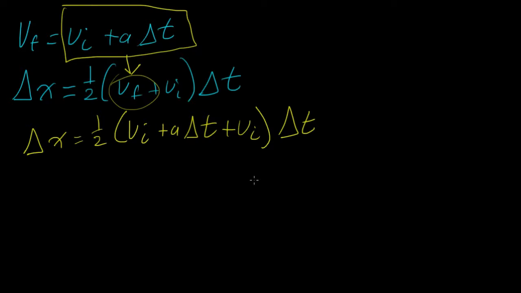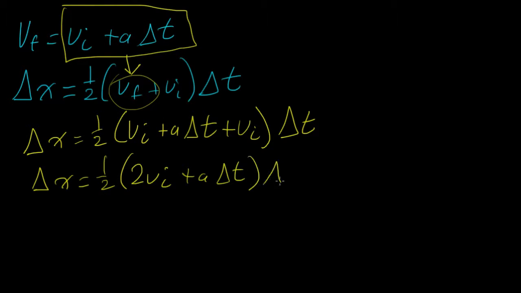Oh, that's ugly. Well, let's see what we can do. So we get delta x equals 1/2 times, let's see, Vi plus Vi is 2Vi plus a delta t, times delta t. Well, we need to distribute from both sides, so let's distribute the delta t first. We still have our delta x equals 1/2 times.